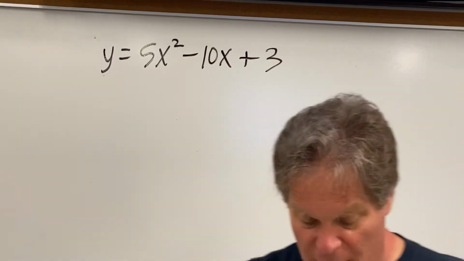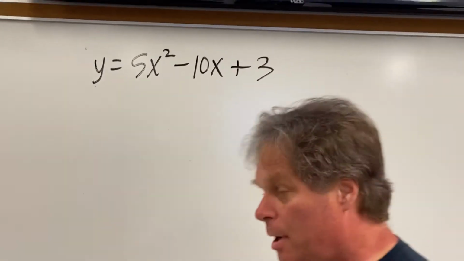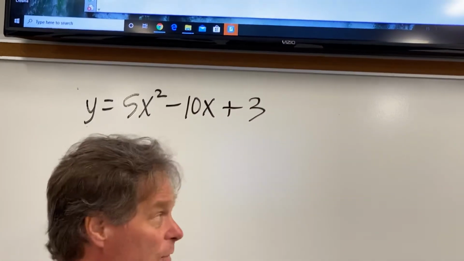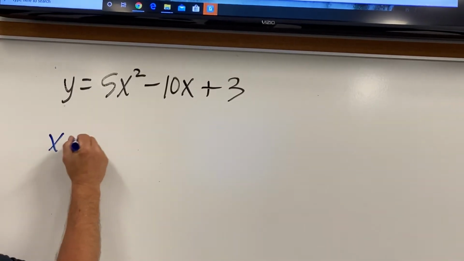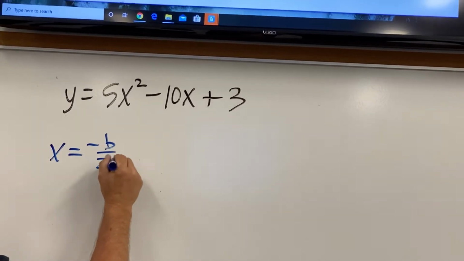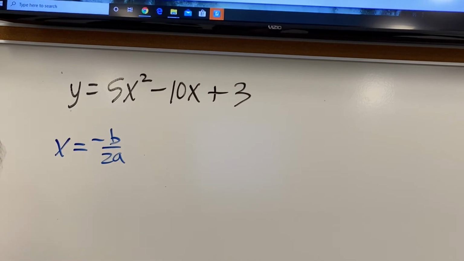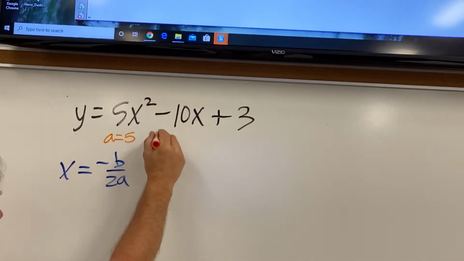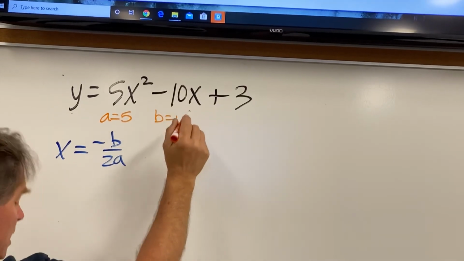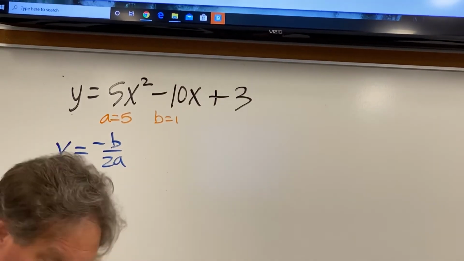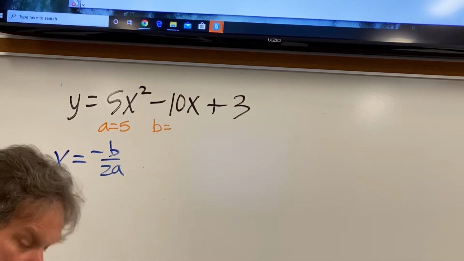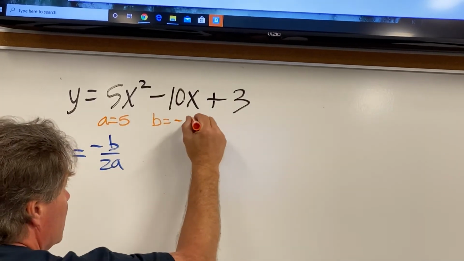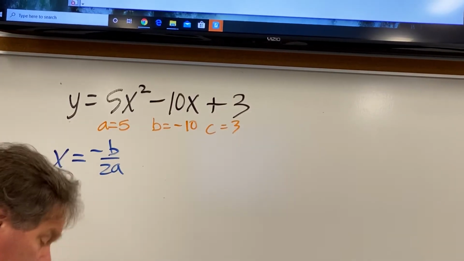So, to find the x-coordinate of the vertex and the axis of symmetry, I use x equals negative b over 2a. So let's figure out what a, b, and c is. In this case, a is 5, b is negative 10, c is regular 3.